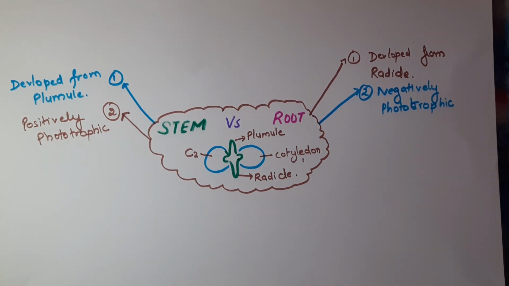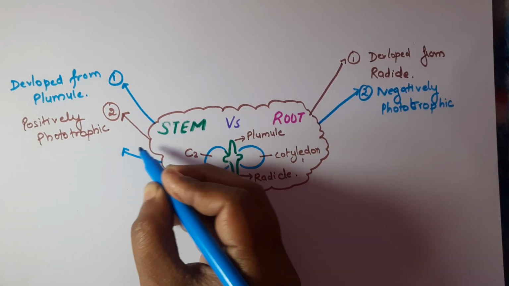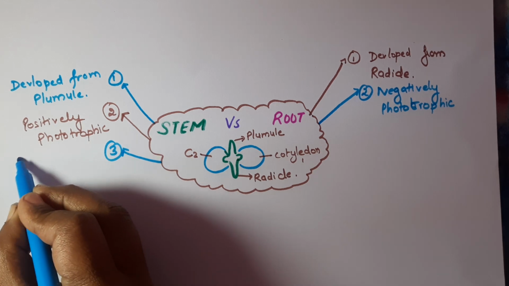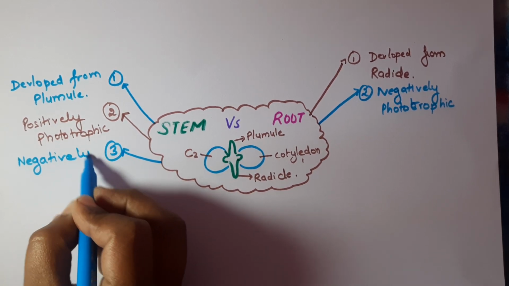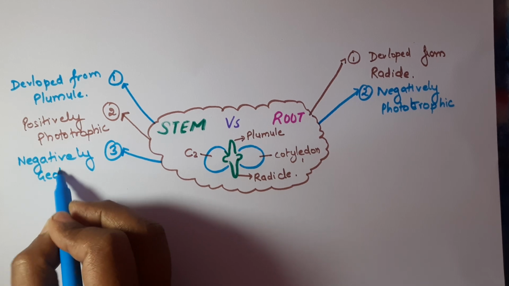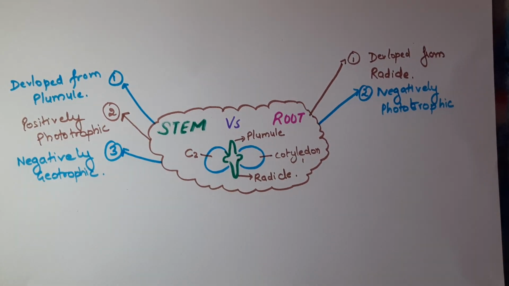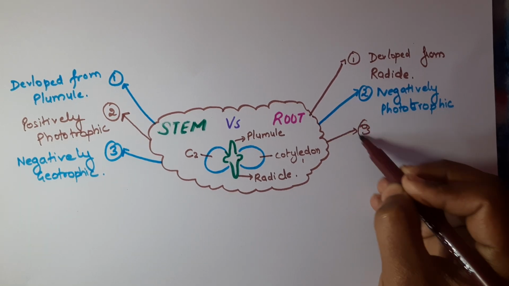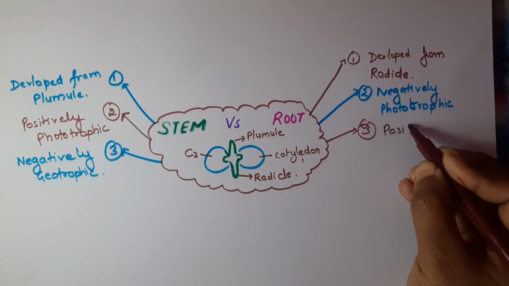Now comes the third difference between the two: the stem is negatively geotropic, whereas the root is positively geotropic.